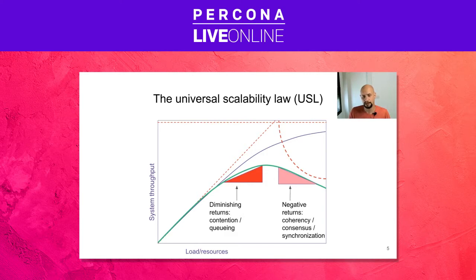And this is known as Amdahl's law, which basically says that the overall processing of the system is limited by the serial part. You always have a parallel part and a serial part. But after this point, you start seeing negative returns. So actually the system becomes slower and slower as you add more cores or more machines. And the reason for that is the need for coherency. You need to synchronize caches, for example, or you need to reach some consensus and some shared decision by all the parties involved.